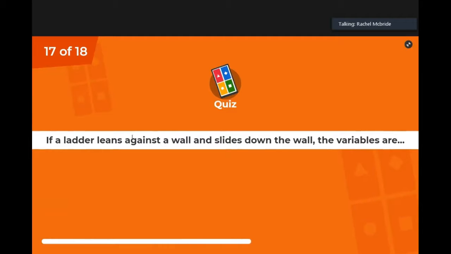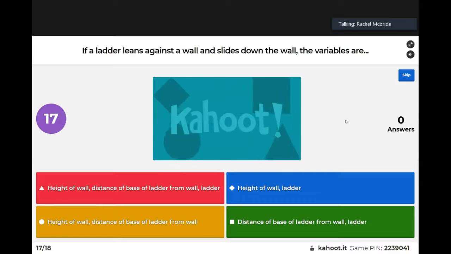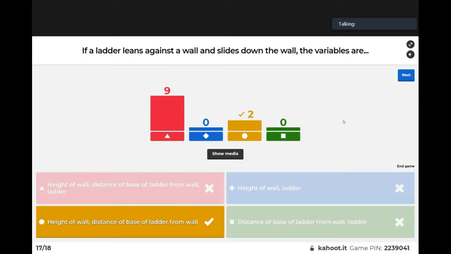If a ladder leans against a wall and slides down the wall, what are the variables? What do you need to know if a ladder is leaning against a wall and sliding down the wall? Why don't I care about the length of the ladder?